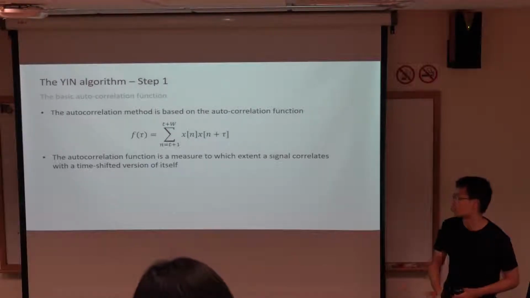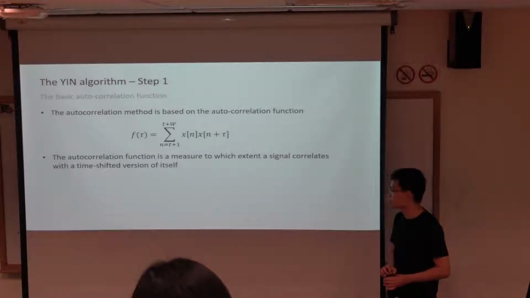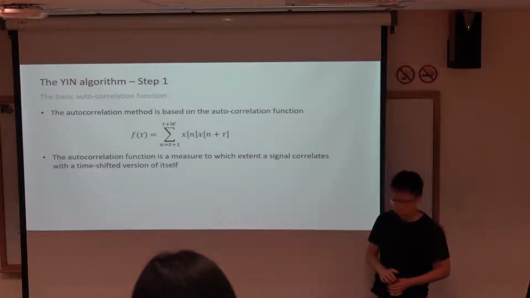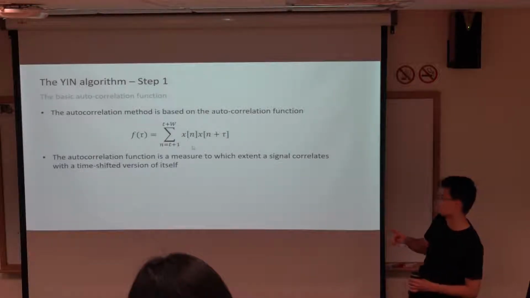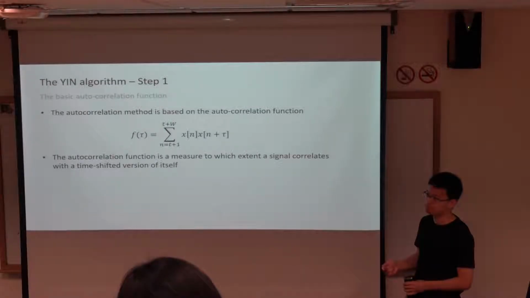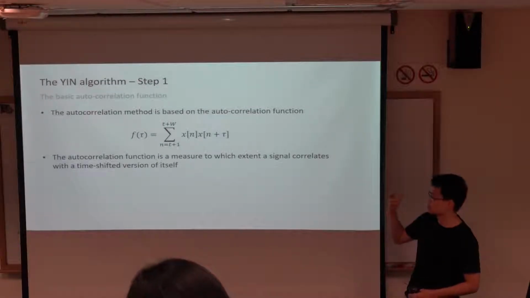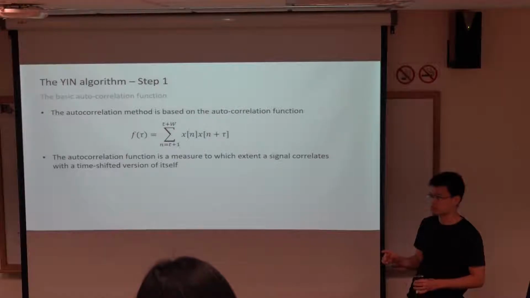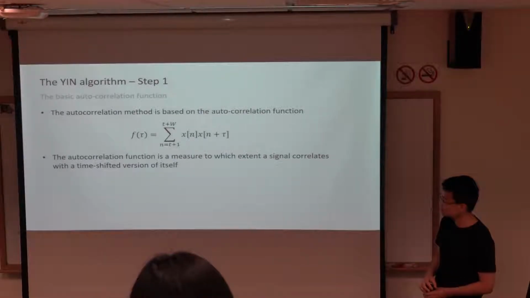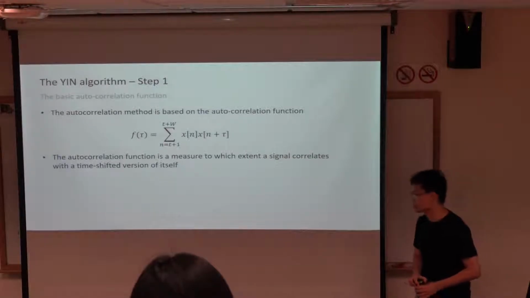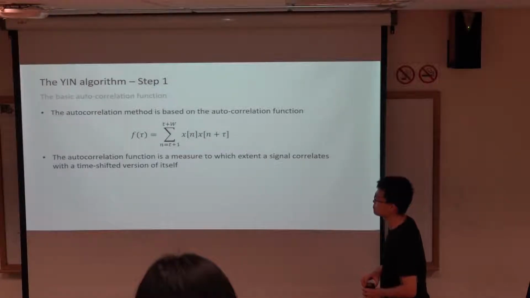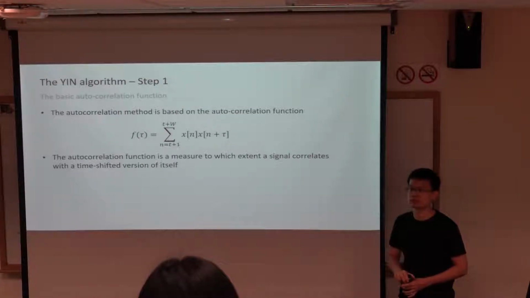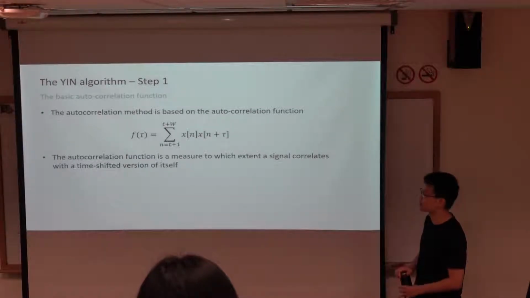If we happen to choose tau as the period, then this function will reach its maximum, because if you compare a function with itself, the correlation will be high. And if tau is not a period, the function will not be as high as when tau is the period. That's the basic idea of this.